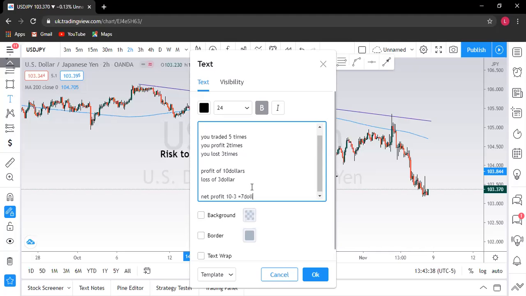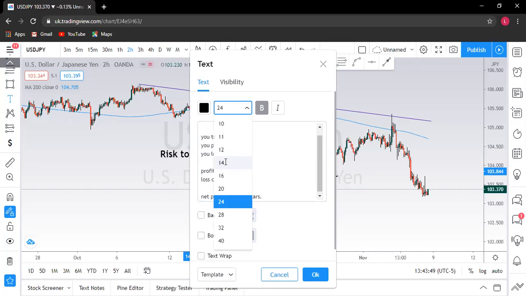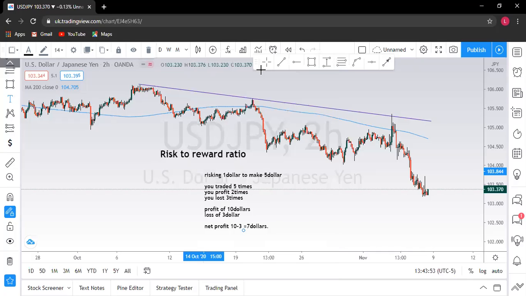So that means you made a profit of $7 at the end of the day, despite the fact that you only made a profit in 2 trades and you lost 3 trades. So that is the power of risk to reward ratio.